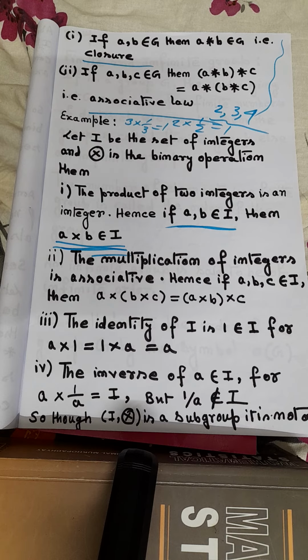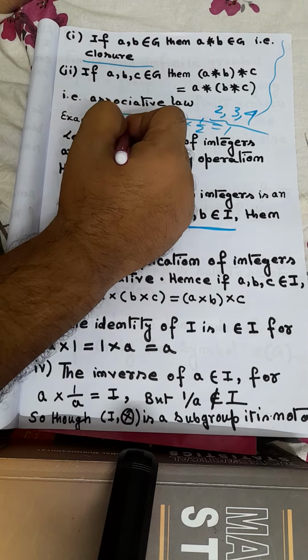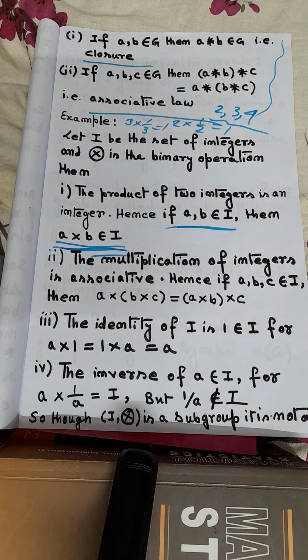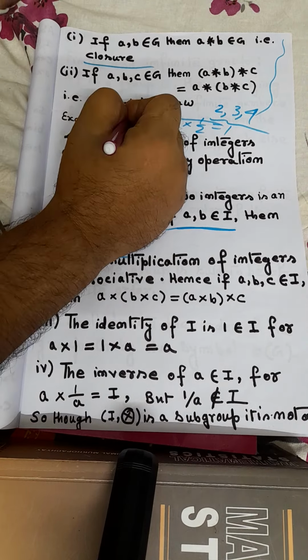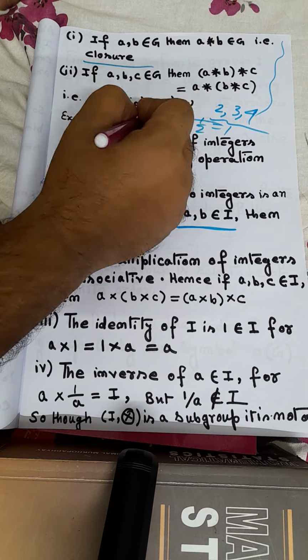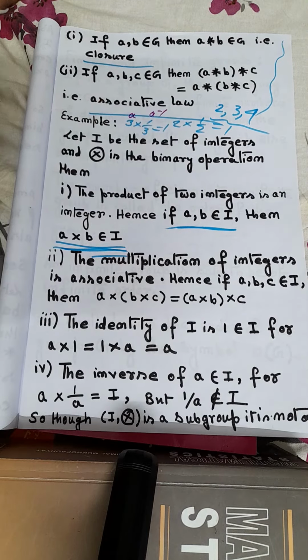What is that? The inverse. So if you are going to check the inverse for the set of integers, what will be the inverse? No, the inverse will not exist. Why? What is the definition of inverse? If the element is 3, then its inverse should be 1 by 3. Why?